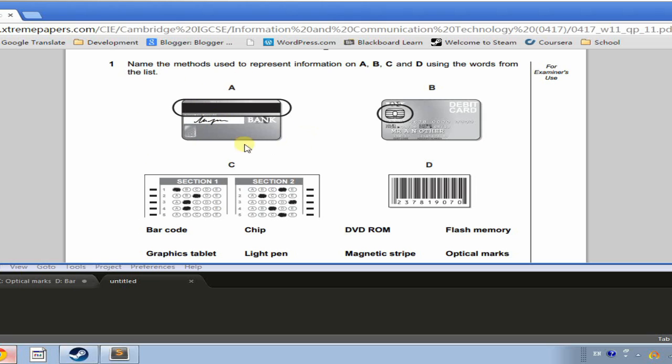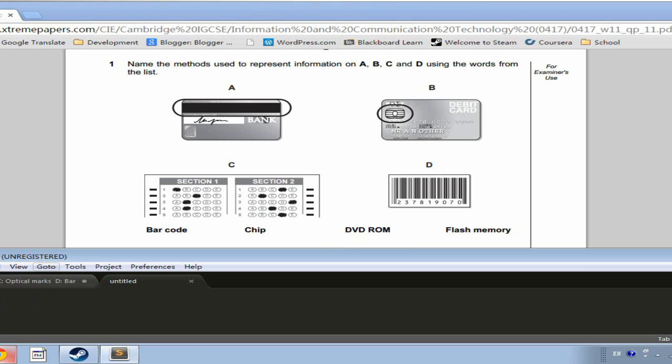So A here, we have this black part, which is part of a bank card. And if we look down here, we can see that this is going to be a magnetic stripe. Copy that in there. And I'll put a difference just to make it clear. So A, magnetic stripe.